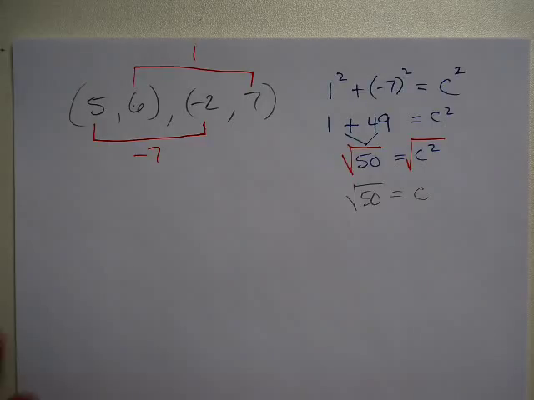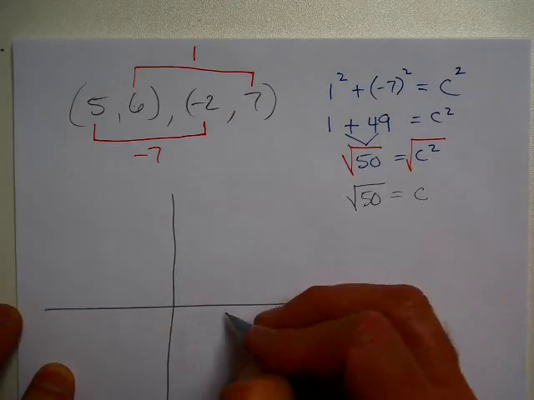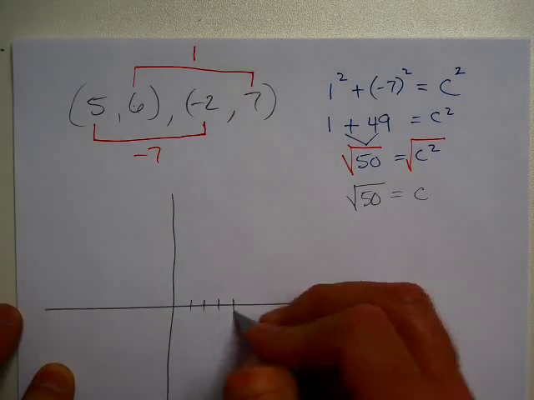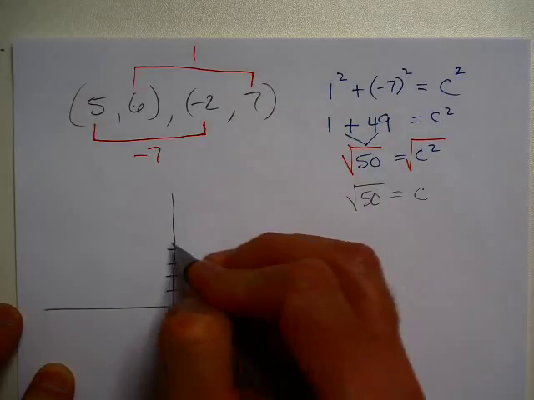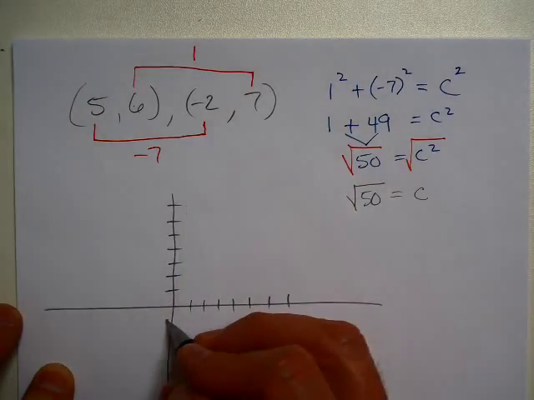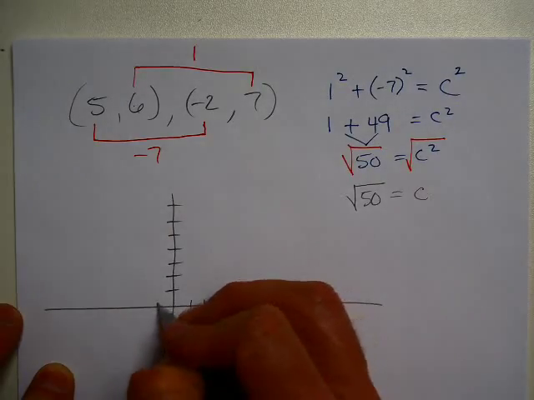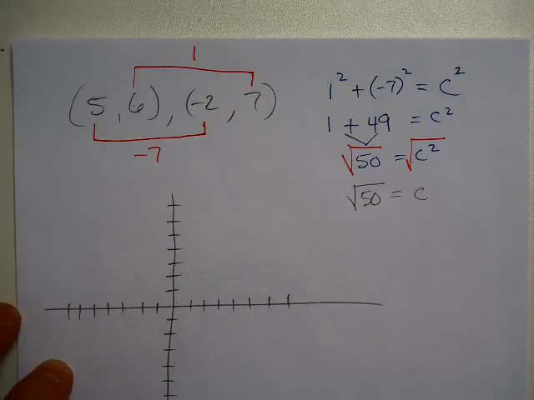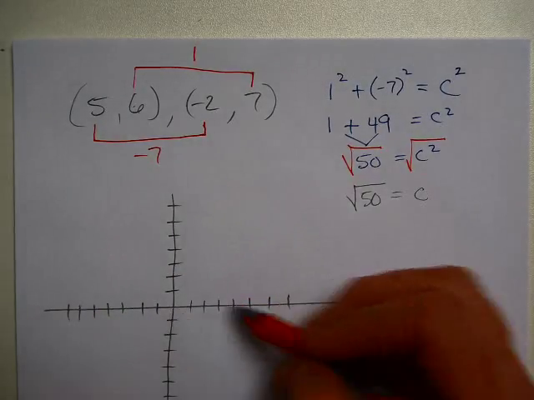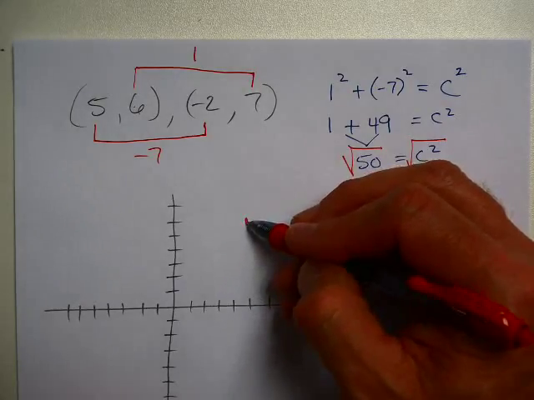Let's graph that real quick. 1, 2, 3, 4, 5, 6, 7. I'll go 7 in each direction. So my first point was 5 and 6. So 5 and 6 right here.